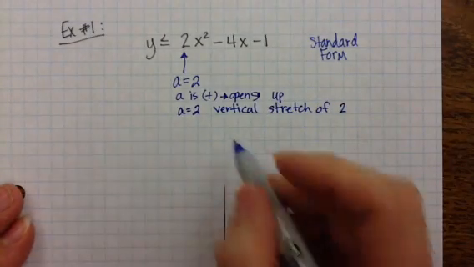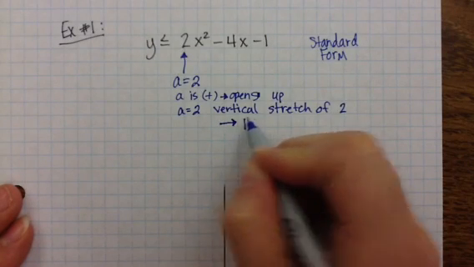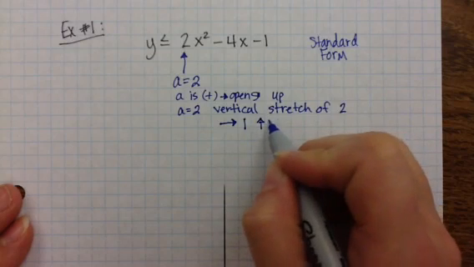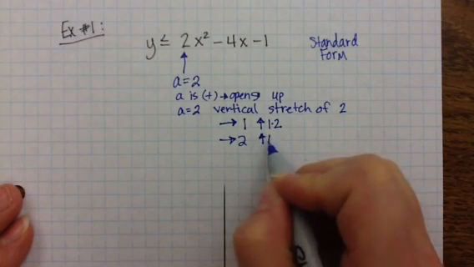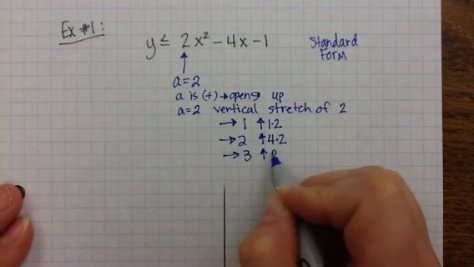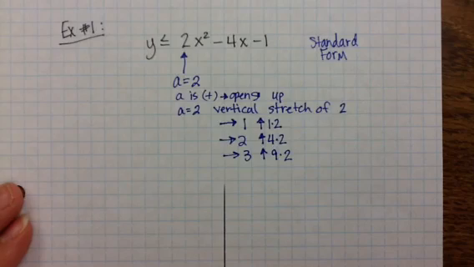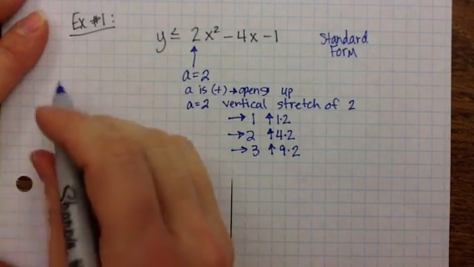So the pattern that I'm going to use after I find my vertex is I will be moving from the vertex over 1 and up 1 times 2, over 2 and up 4 times 2, over 3 and up 9 times 2.